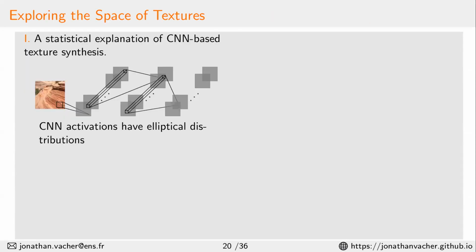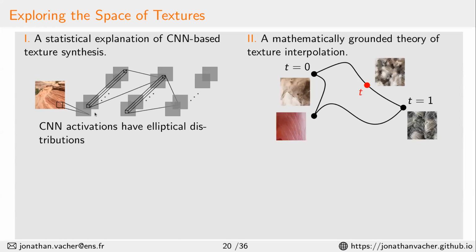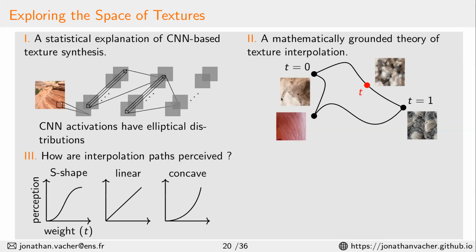So here I show that in fact, you can understand the statistics of texture in a deep net as being elliptical, which means mostly the distribution is unimodal and with elliptical symmetry, which means you are mostly parameterized like a Gaussian with a mean and covariance, but you are not necessarily only Gaussian. You can have heavy tails, but you're still unimodal. And I propose a mathematically grounded theory of texture interpolation using optimal transport.